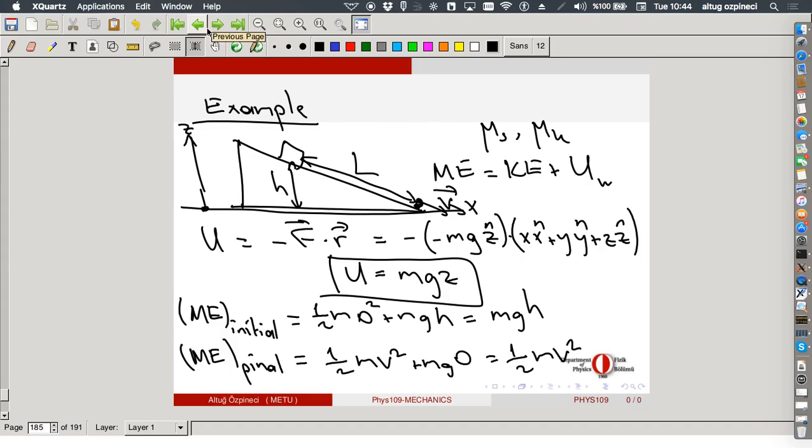Then everything changes. But within that limit, you can call the potential energy mgz. Z is the height from an arbitrary point that you choose. It can be the ground, it can be this point, the top point, etc. Z is the height of your object relative to your reference point.